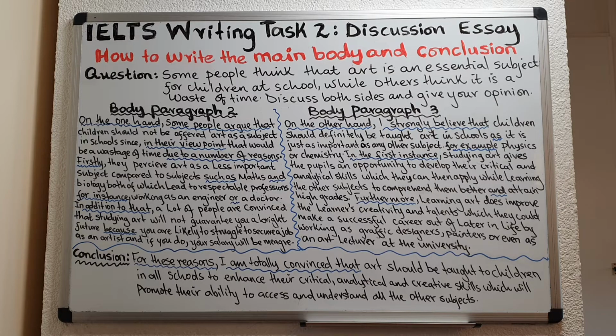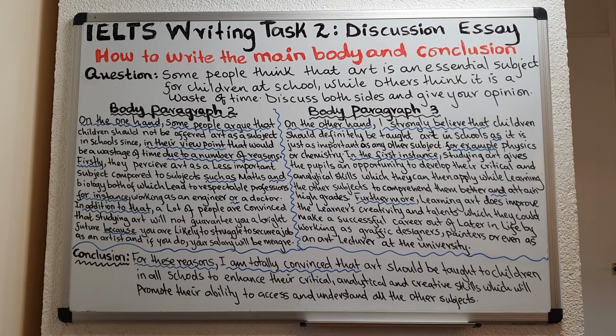Okay, so in that body paragraph 2, I started off by making it very clear to the examiner that I am about to discuss one point of view. I did that by using the linking word on the one hand. And then after that, I wrote the point of view that I'm going to discuss in the rest of the paragraph. And that is that some people argue that children should not be offered art as a subject in schools, since in their opinion, since here means because in their opinion, that would be a wastage of time due to a number of reasons.